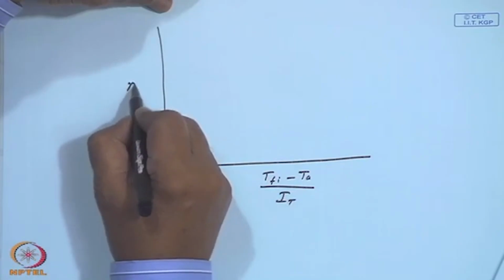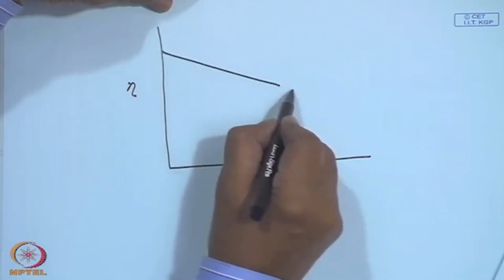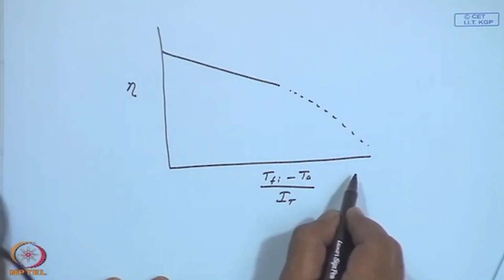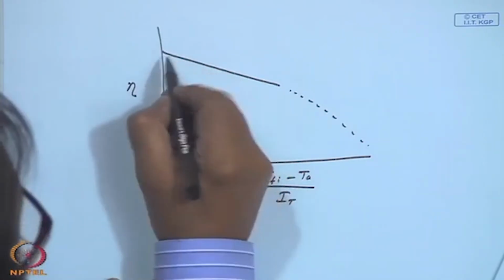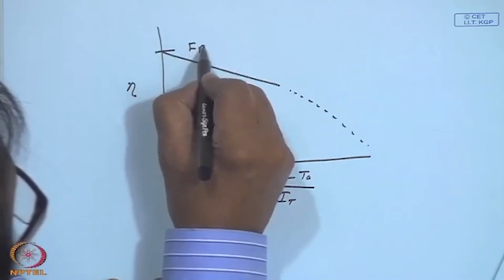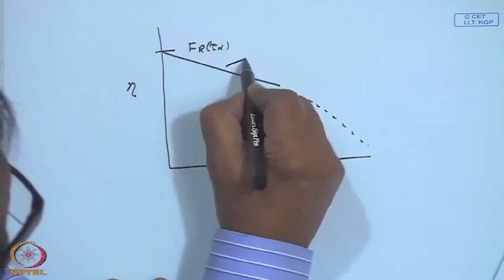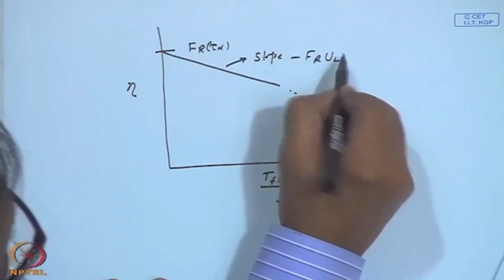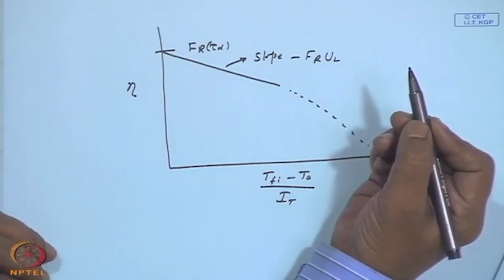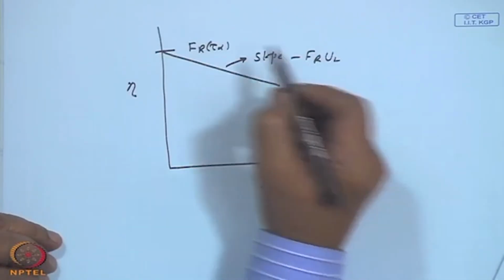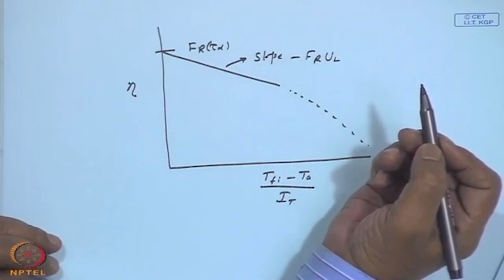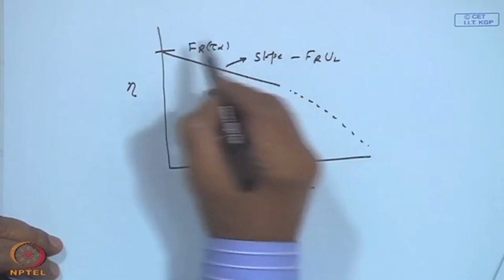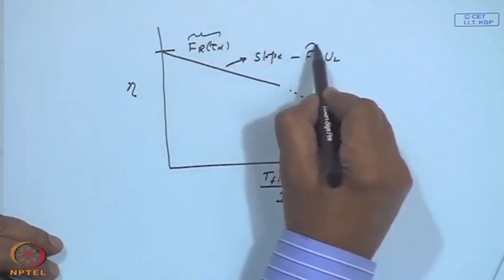Of course, this is beyond the operating condition, it may not be a linear variation anymore, and so this is typically F r tau alpha, and the slope of this line will be minus F r U L. So, you conduct the efficiency test and you will have the collector parameters F r tau alpha and the slope F r U L. Though there are 3 parameters, F r, tau alpha and U L, they occur only in pair of F r tau alpha and F r U L throughout this course or in general in solar energy.